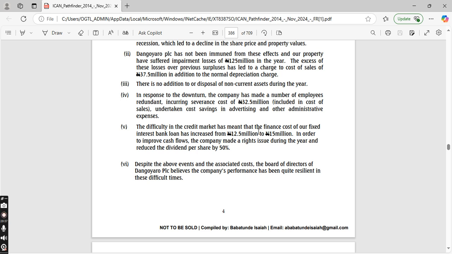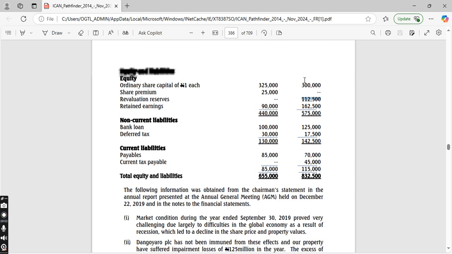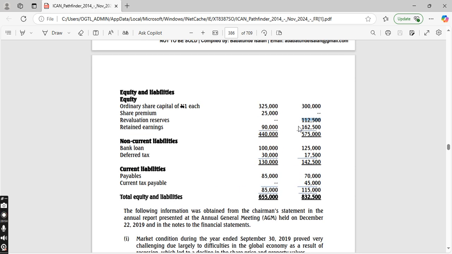When you made a profit, you kept it in your reserve. When you have a loss, you put it in your income statement to write it off.